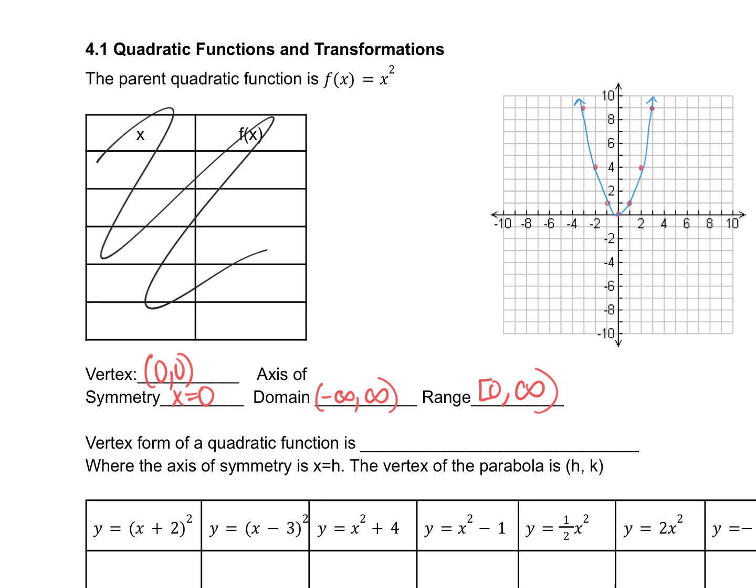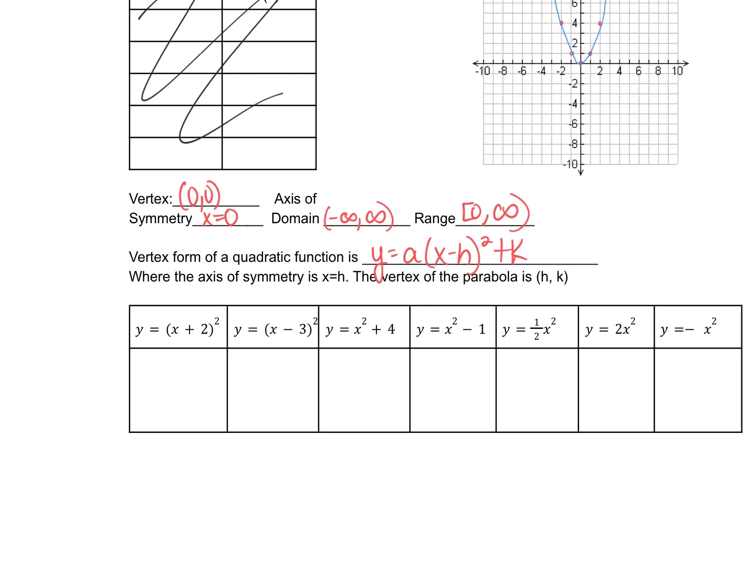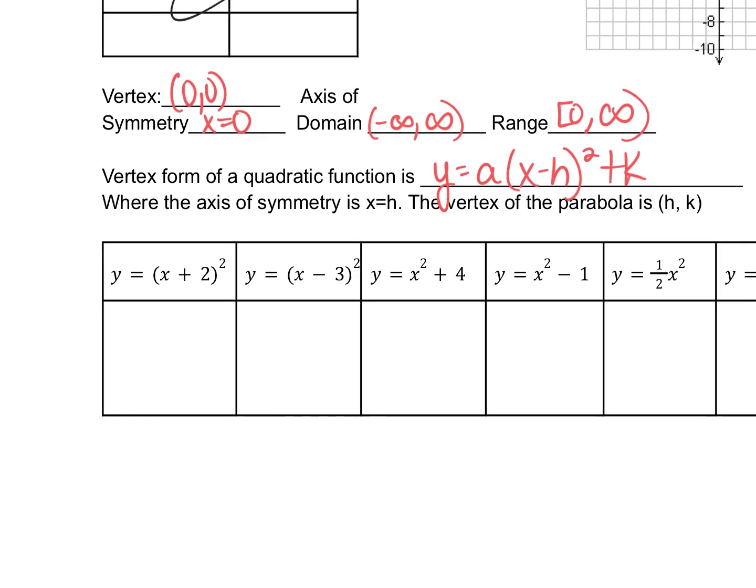Okay, vertex form of a quadratic, my favorite way to graph them, is y equals a parentheses x minus h squared plus k. So your vertex is (h, k) here. You might remember this table. It looks very similar to the absolute value table. If it's plus 2 inside, that would be left 2. Then the next one would be right 3.